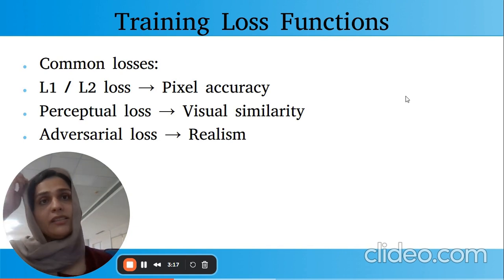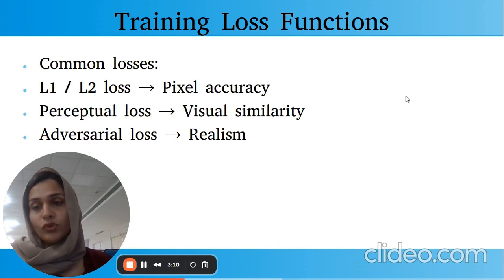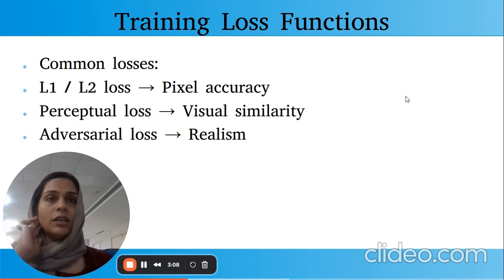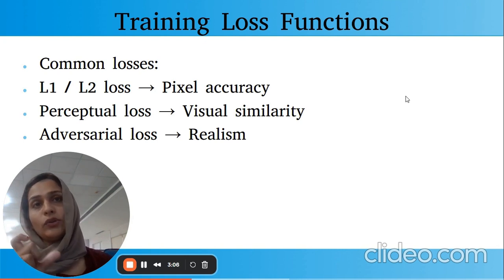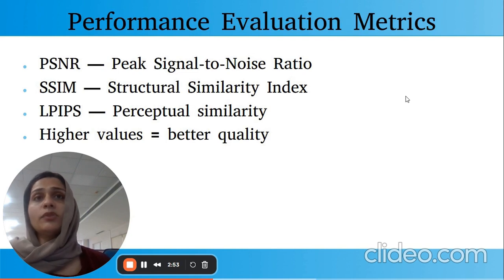Basically, it asks: can it pass as real to another network? That checks the realism boost. So L1, L2 ensures the numbers match, perceptual ensures it looks right to humans, and adversarial ensures the model believes it's real.